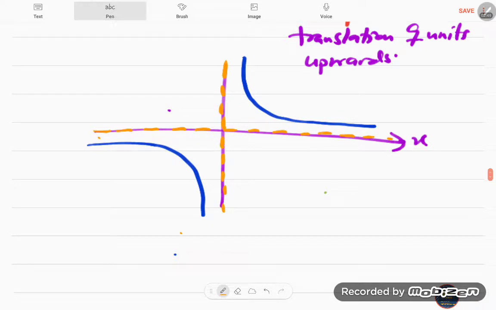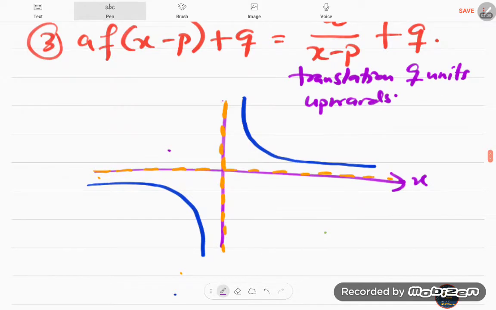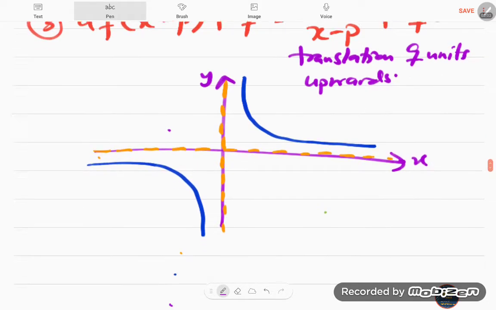Now notice how the lines of asymptotes, to be exact, are actually the x and y axes themselves. Let me just make sure I label those properly.